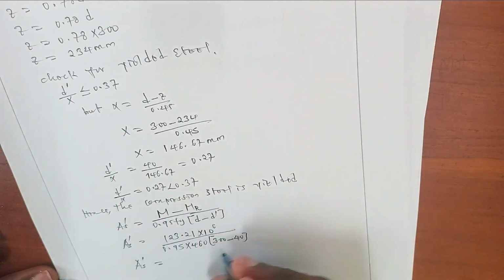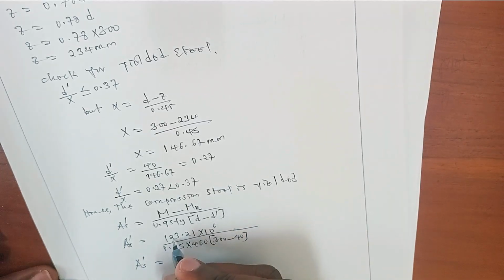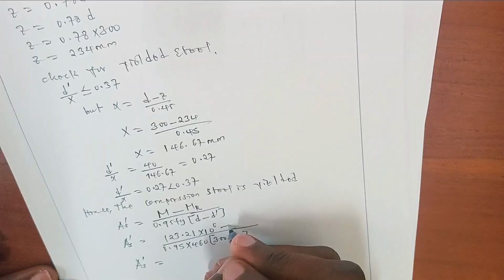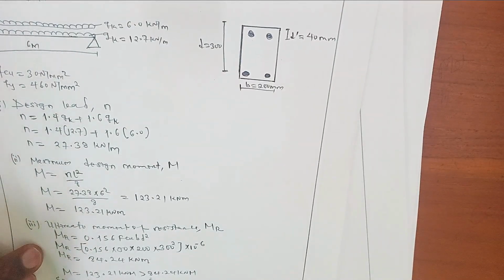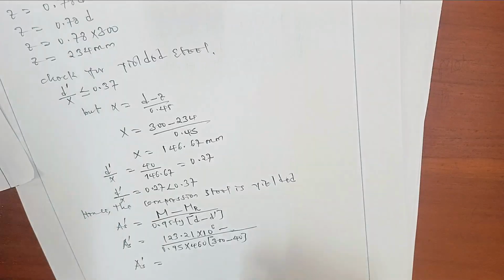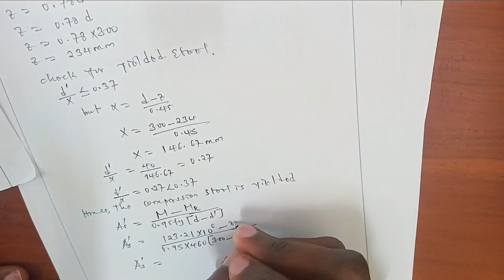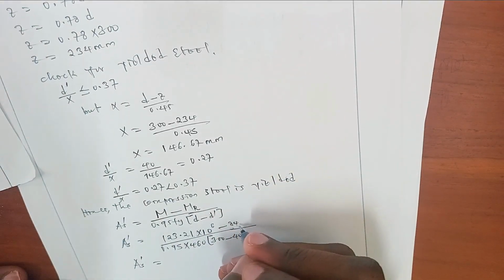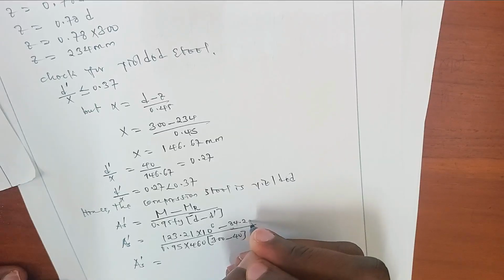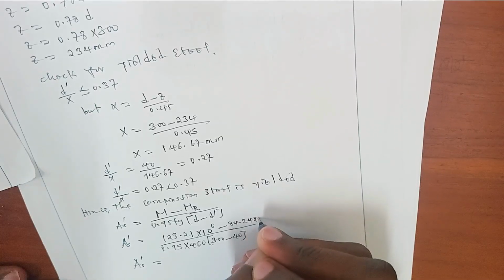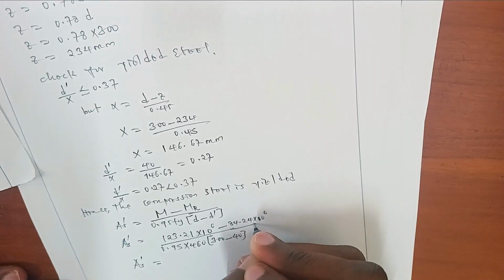So 123.21 exponent 6 minus the ultimate moment of resistance, which was 84.24 kilonewton meter. So we minus 84.24 exponent 6.